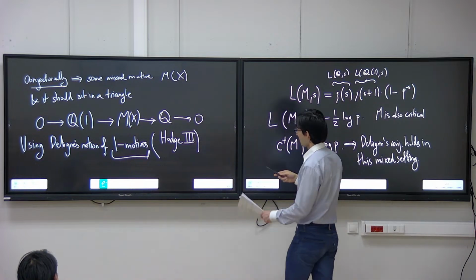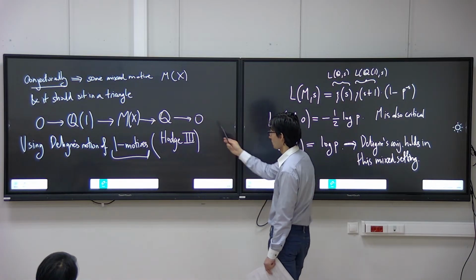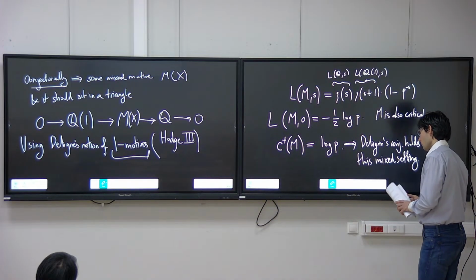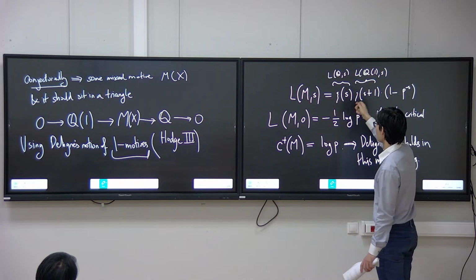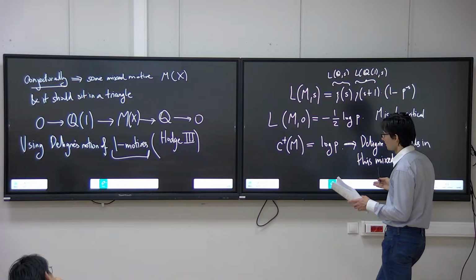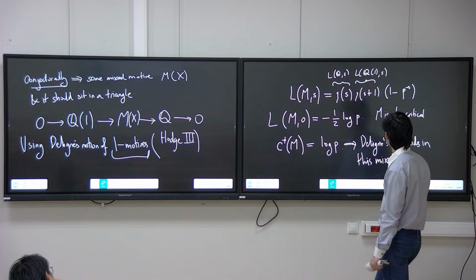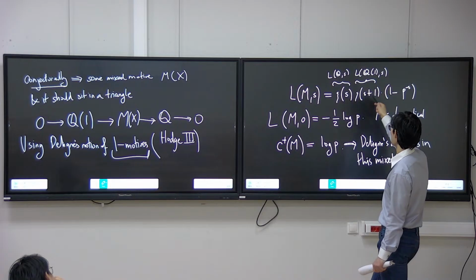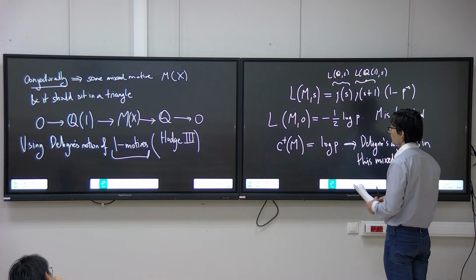If I have some extension of a motive like this, then in this nice category that maybe Scholl cuts out, the L function of it will be the product of the L functions of the outer terms. So in this category, it's expected that Deligne's conjecture holds, and maybe there's some hope to prove it. In our setting it still holds, but the L function is a bit nastier in the sense that I mentioned.